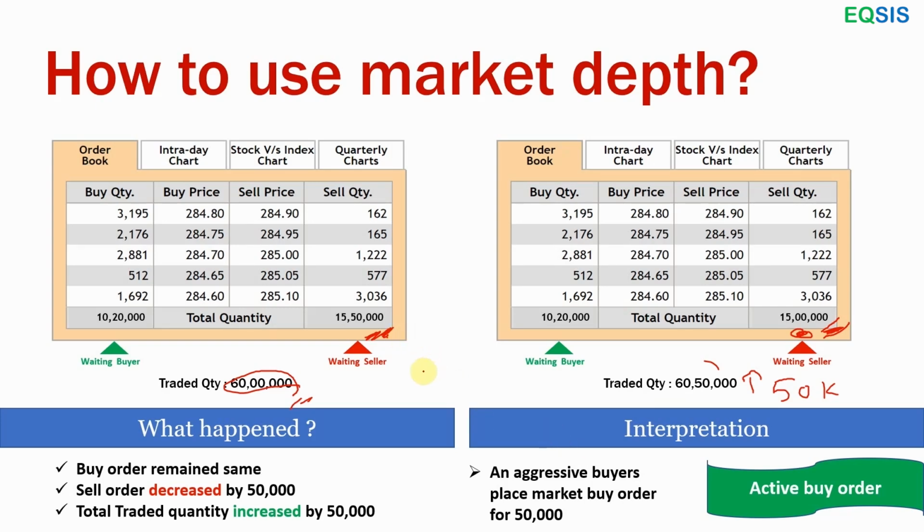When you see such changes, it tells me some active buyer bought close to 50K shares. I consider this strong hand buying, because strong hands generally place market orders. That's why I said an aggressive buyer placed a market order for about 50K. I hope you got this clarity.